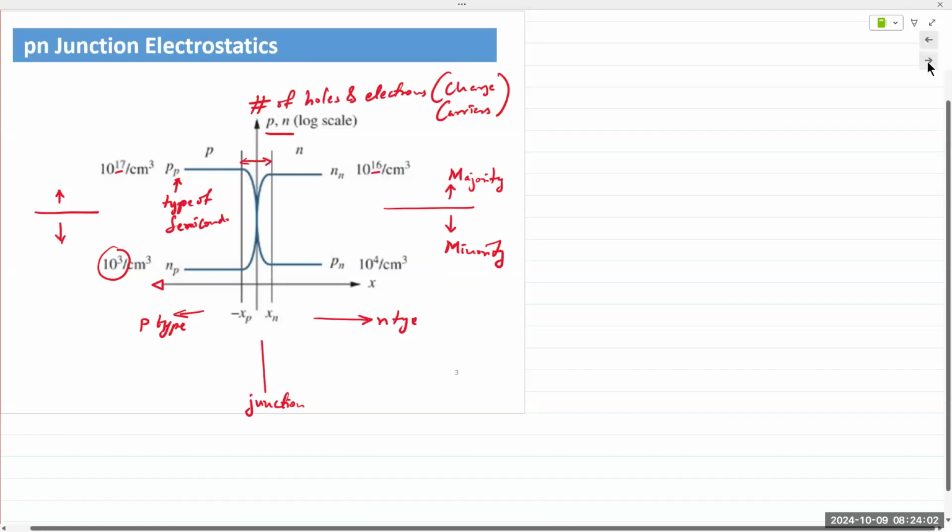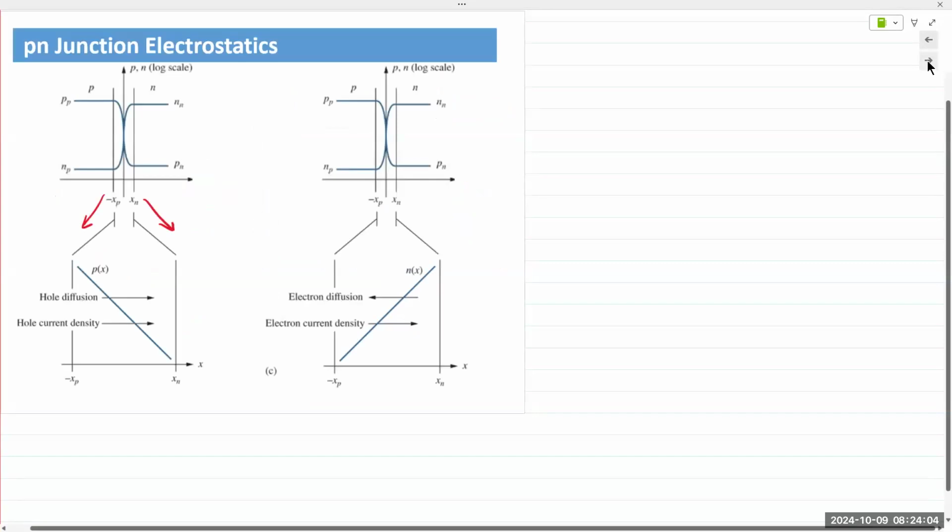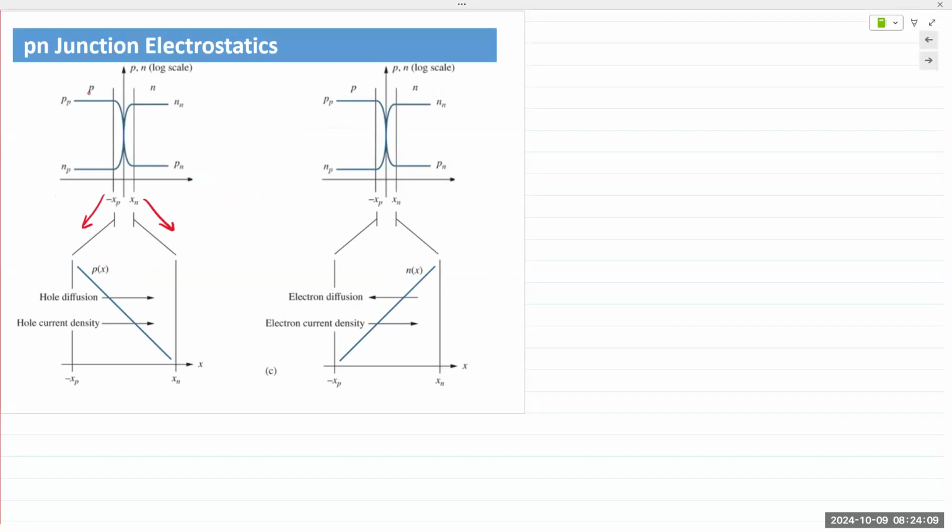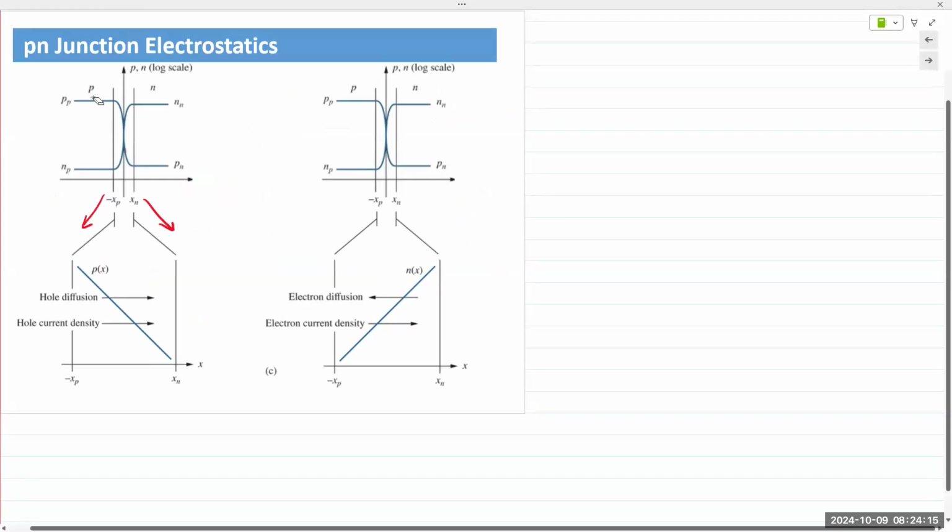From the left, we know that the hole concentration is higher all the way until the junction meets, and then of course it crosses over. All it is showing is the hole concentration is higher in the p-type and lower on the n-type.